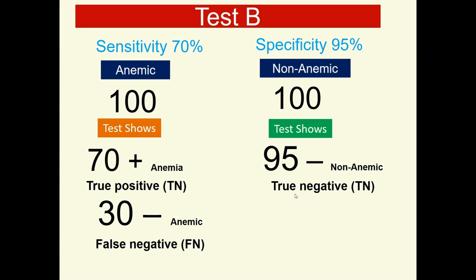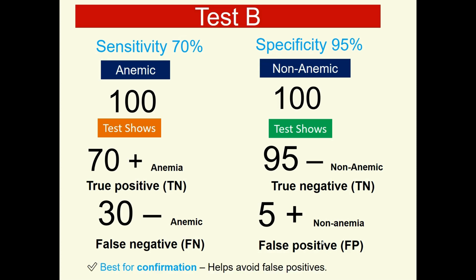That is considered a true negative test. However, 5 are missed here. That means 5 of them, even though they have no anemia, test as anemic, which we consider a false positive.